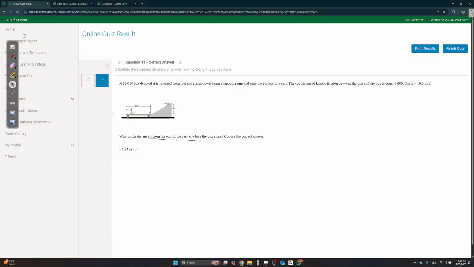So to understand what's going on over here, it goes down, it speeds up. So it's now moving at a speed, it's speeding up, and then since there's friction, it comes to a stop over here, s meters from the end of the cart. I want you to better understand what I'm saying.